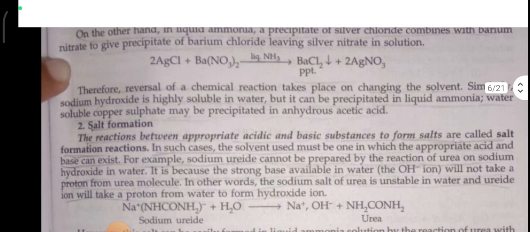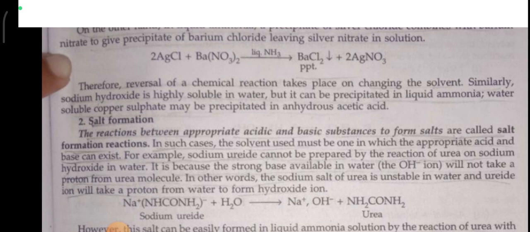Salt formation. The reaction between appropriate acidic and basic substances to form salts is called salt formation reaction. In such cases, the solvent used must be one in which the appropriate acid and base can exist. For example, sodium ureate cannot be prepared by reaction of urea and sodium hydroxide in water.